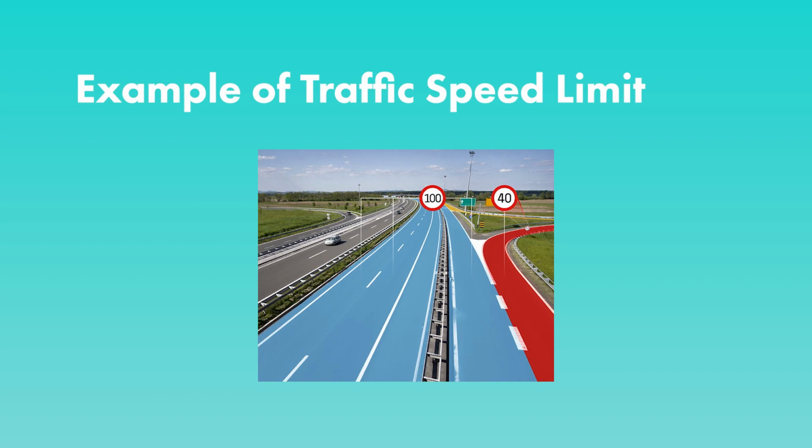And they use these numbers, the percentiles, to assess whether the limits that they have in mind are good or bad, or even to set the speed limit in the first place.